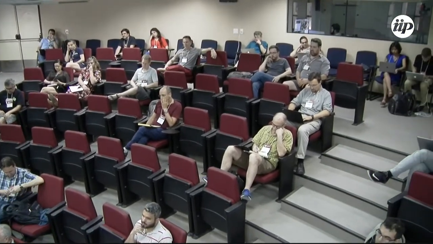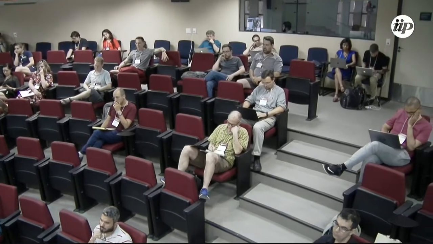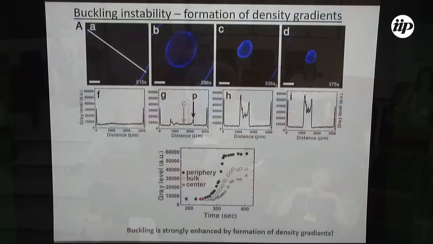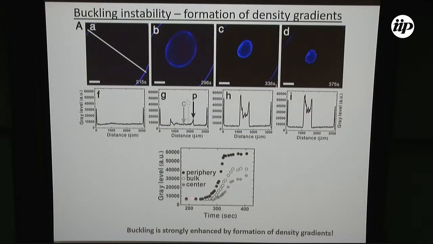This is the center of the gel. This is the periphery. And this is a point that we chose at a certain place in between them. One of the things that we realize is, of course, that the periphery really starts to contract before the other places. So as I told you, contraction started at the periphery, and the rest follows.